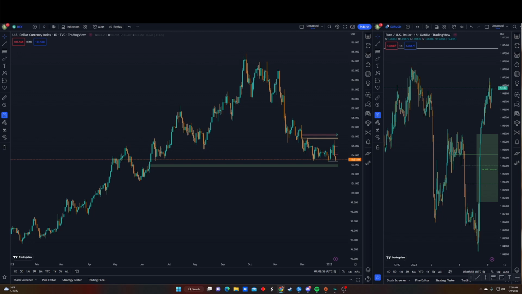7:08 in the morning, January 9th, 2023. Looking at euro dollar. The first thing I'm going to look at here is the dollar index, like always.